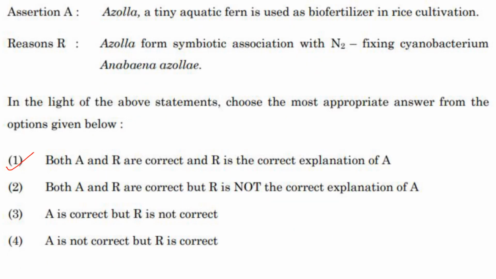Then azolla is a tiny aquatic fern, used as a biofertilizer in rice cultivation. We already discussed that. Azolla in symbiotic association with Anabaena.